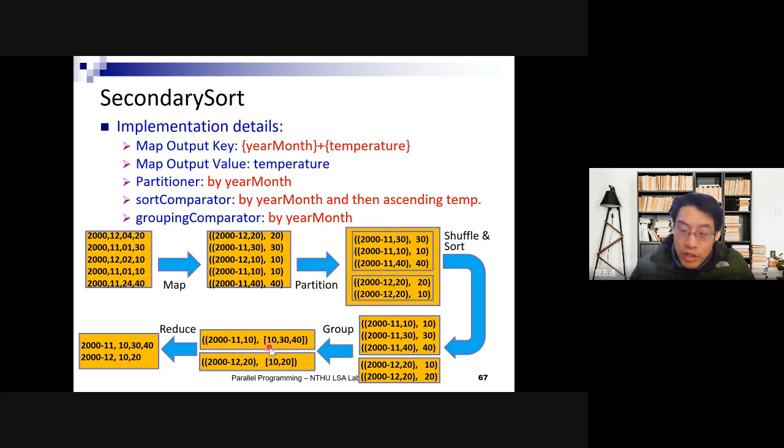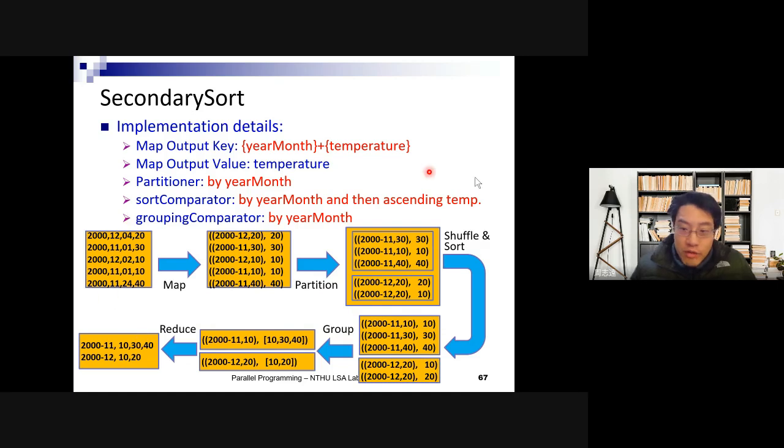And the reducer actually doesn't need to do any sorting anymore, because the values are already sorted by the framework. So all the reducer needs to do is output the result, taking out the information that we don't need to show in the output file.